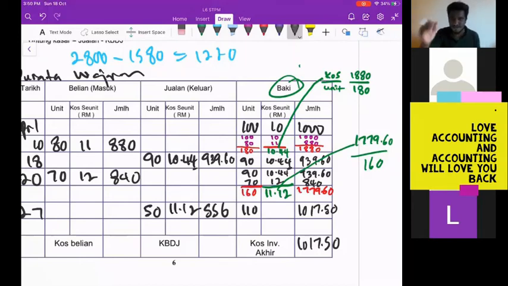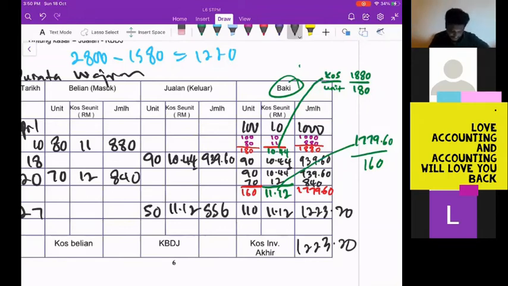Okay, sorry, just now I had a calculation error. Now 11.12, 110 times 11.12, I get 1223.20. That's my inventory akhir.